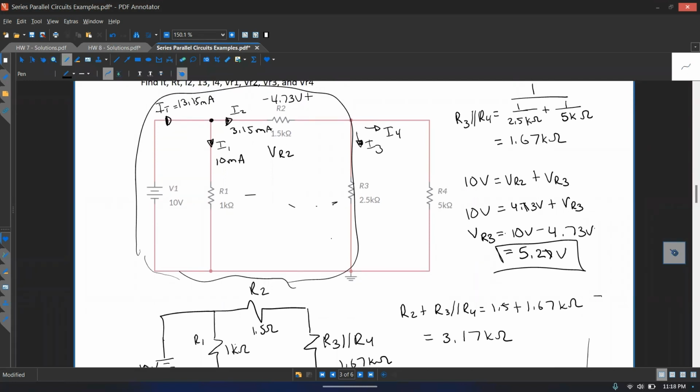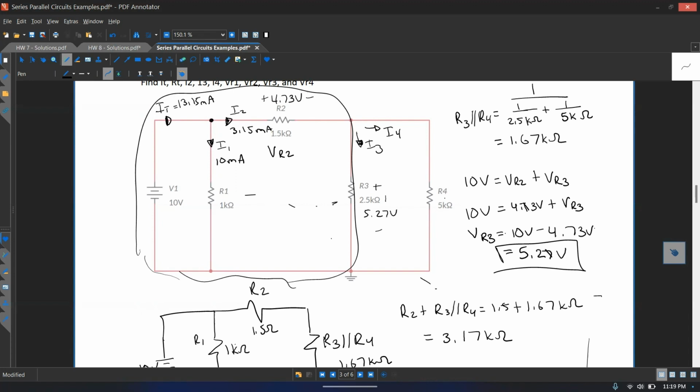And so therefore, if we solve for this voltage, which is 5.27 volts, then R3 and R4 are in parallel with each other.